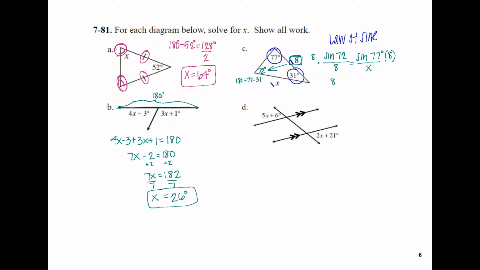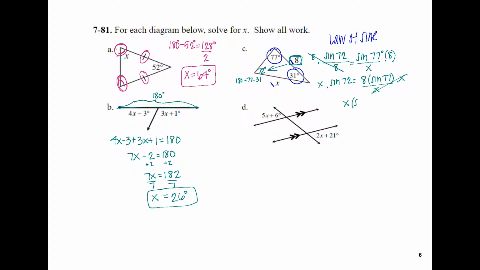So if we have 8 over 8, this equals 1 whole. So on the left-hand side, we have the sine of 72 degrees is equal to 8 times the sine of 77 degrees over x. The inverse of dividing is multiplying. Again, we have x over x.